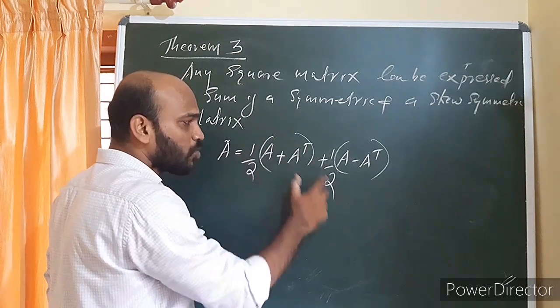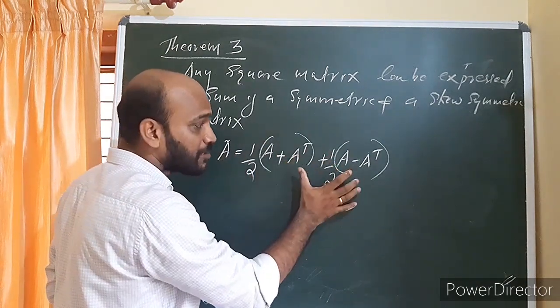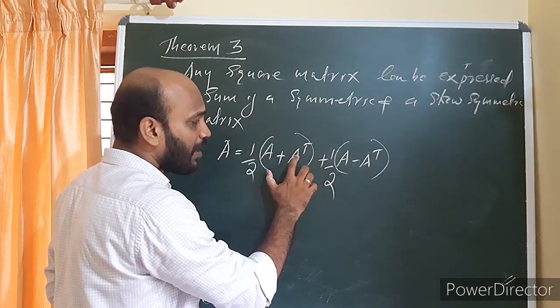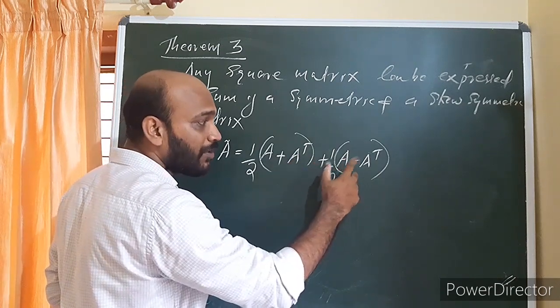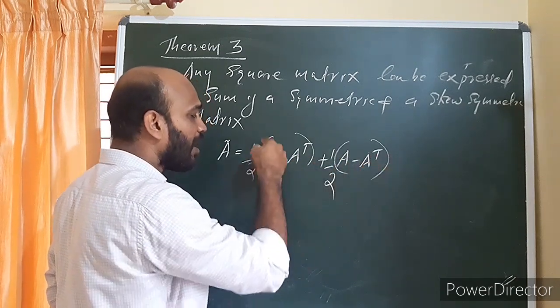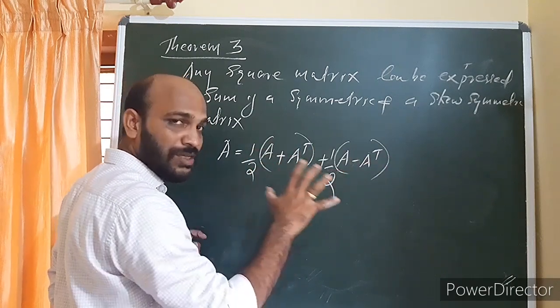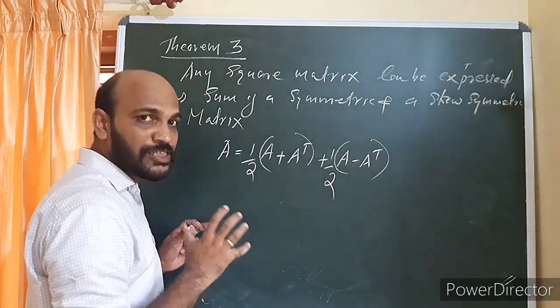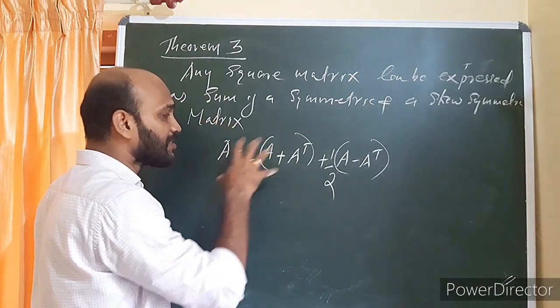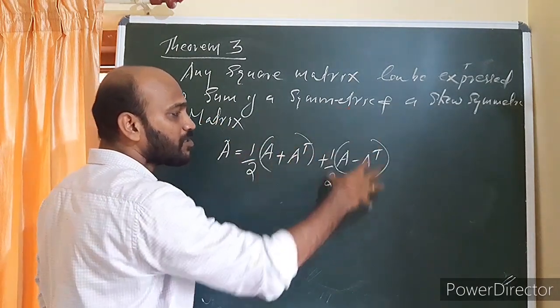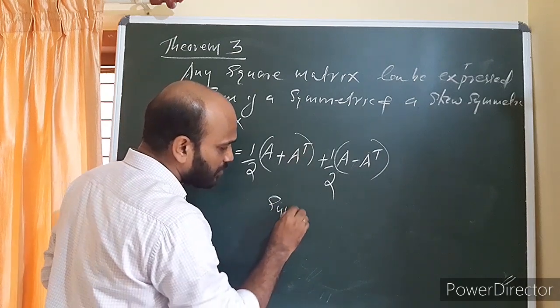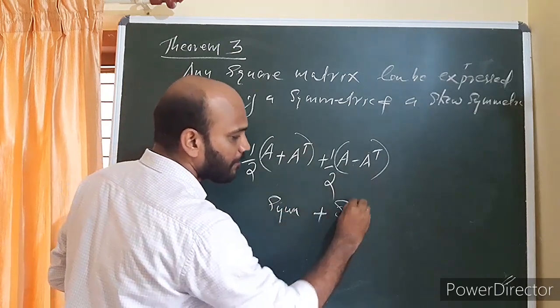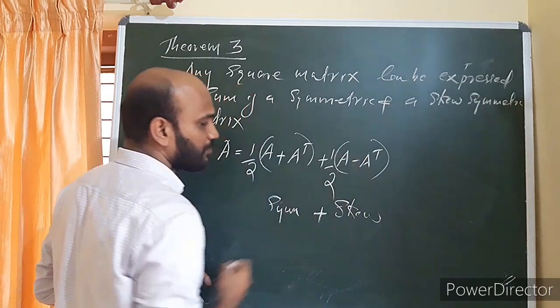So now these two are equal, because if we expand right hand side, half into A transpose get cancelled with half into minus A transpose. Then half into A plus half into A, that is equal to A. So first one is symmetric, plus this one is skew symmetric.